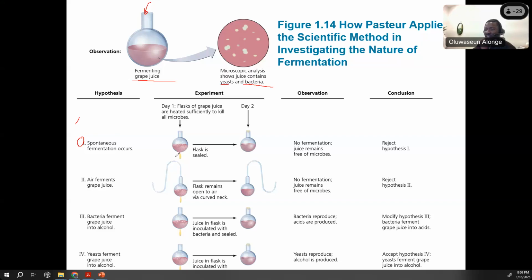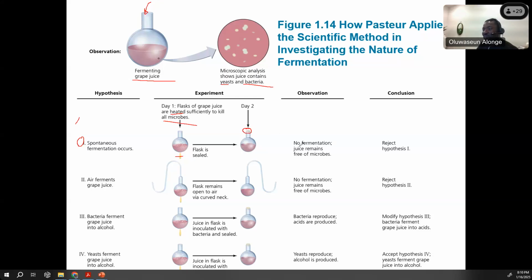He had the flask, and flasks of grape juice were heated sufficiently so that the microorganisms were killed. Then on the second day, he closed it, after heating it up. So closing it means that, number one, he has killed all the bacteria and microorganisms that are there by heating it up. Then they covered it, so that means air will not be able to come in.